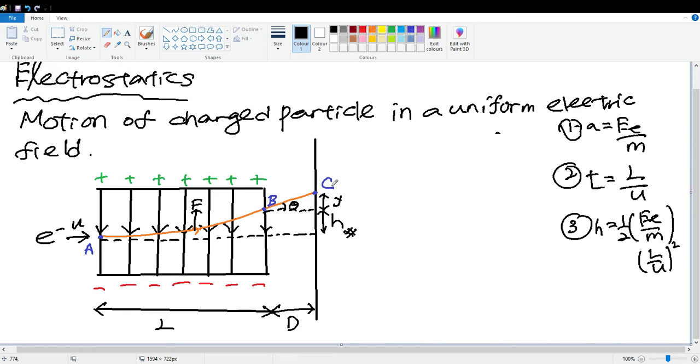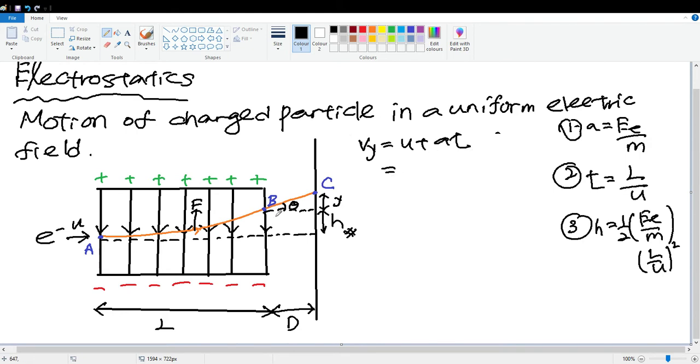So let's move on to the vertical velocity after being deflected by the region of the electric field, after exiting or leaving the region of the electric field. My vertical velocity, Vy, is equal to u plus at.